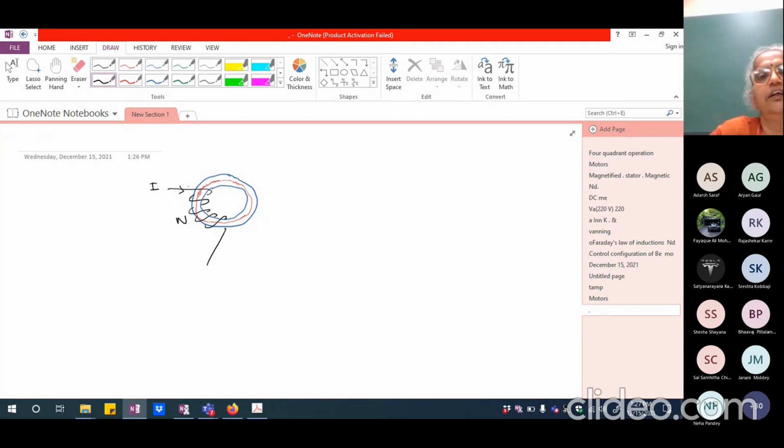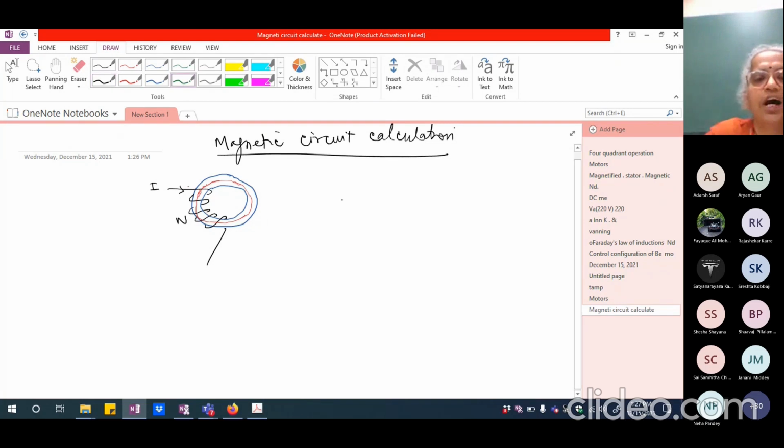Okay. Now let us try to look at it in totality in terms of how we do the magnetic circuit calculation for this. In this particular case, Ni by L, where L is the length of this magnetic circuit, that is going to be H. And let us say this is the cross-sectional area.